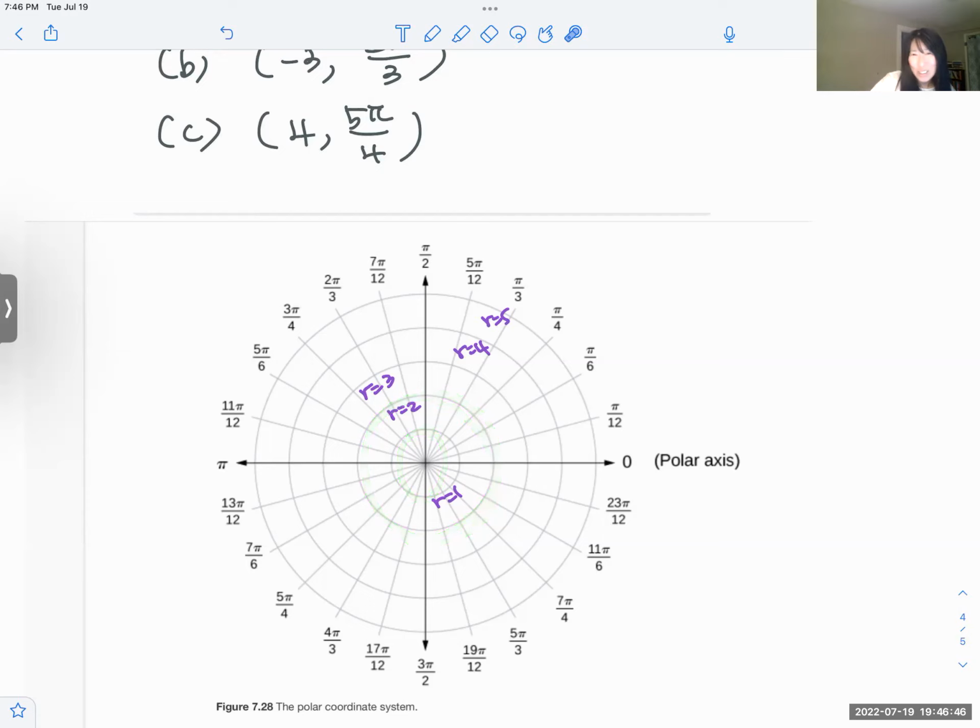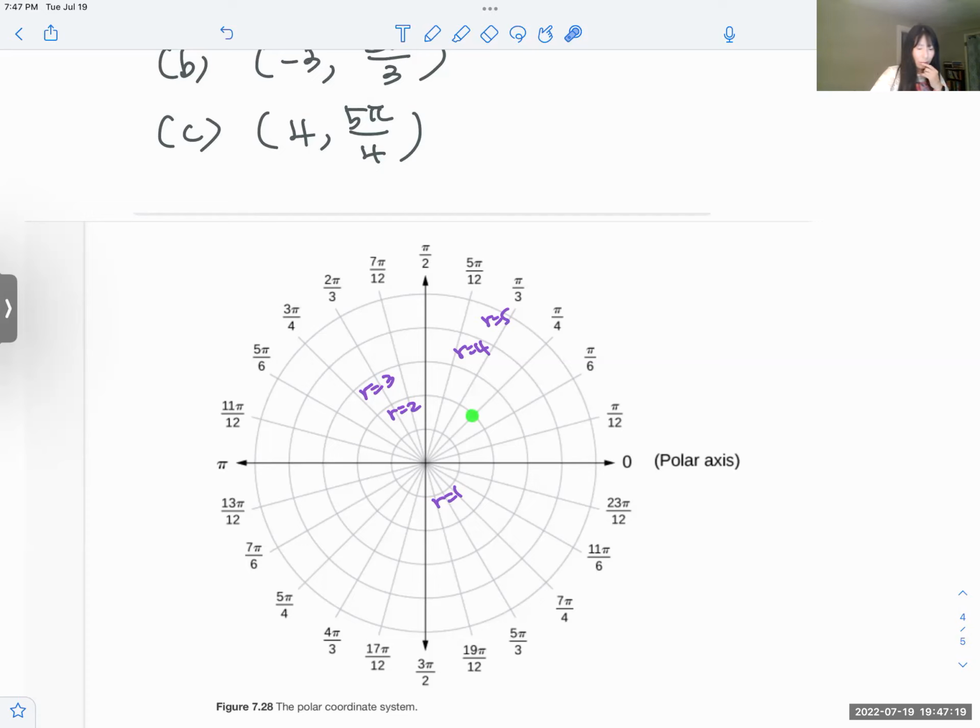That's why I needed this one, because we used to have the unit circle, which starts pi over 6, pi over 4, pi over 3. But in here, they added pi over 12 and 5 pi over 12. Once again, (2, pi over 4).